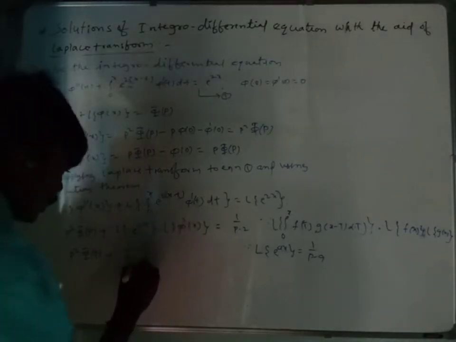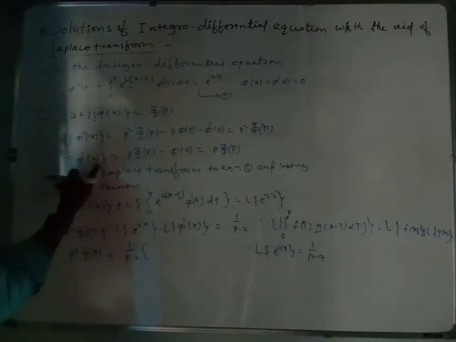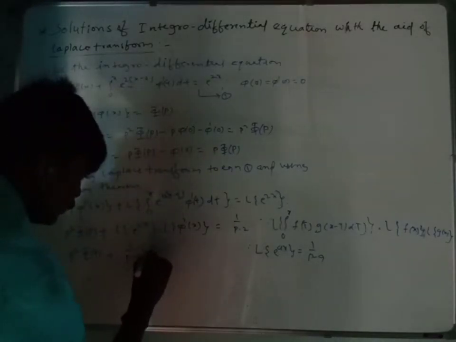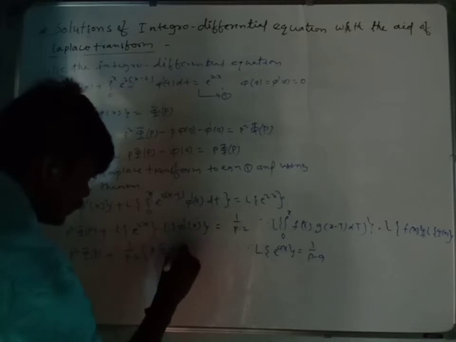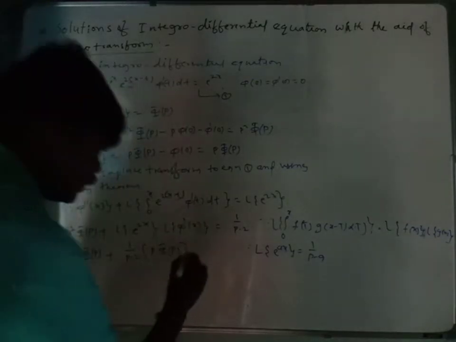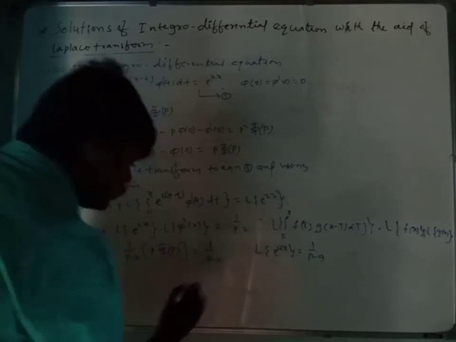This value is the Laplace transform of phi dash of x, which equals p into capital Phi of p. This value equals 1 by p minus 2.